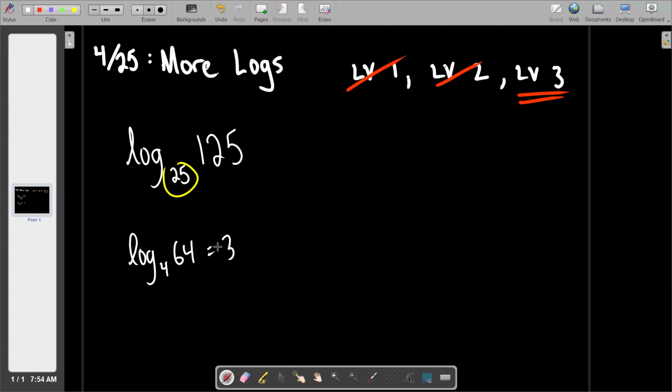When it's just directly evaluatable, we don't need a larger weapon for that fight. But these ones are a little bit more complex because 25 cannot be raised to any whole number power that's going to turn it into 125, right? Like 25 to the first is 25, 25 to the second is 625. And so you're like, wow, how am I supposed to make 125?